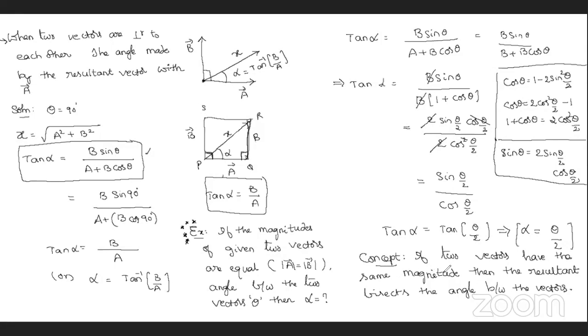Is my concept statement correct? If two vectors have the same magnitude, then the resultant vector bisects the angle between the two vectors.